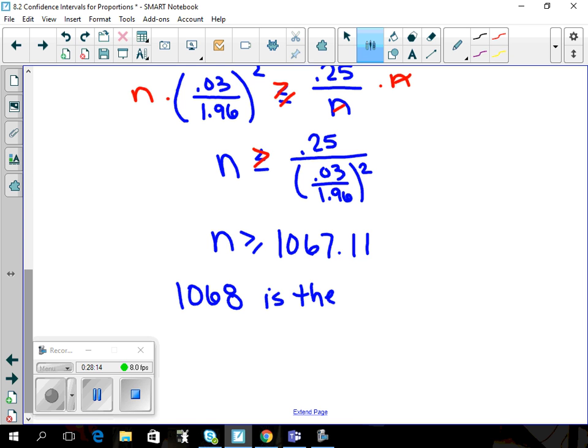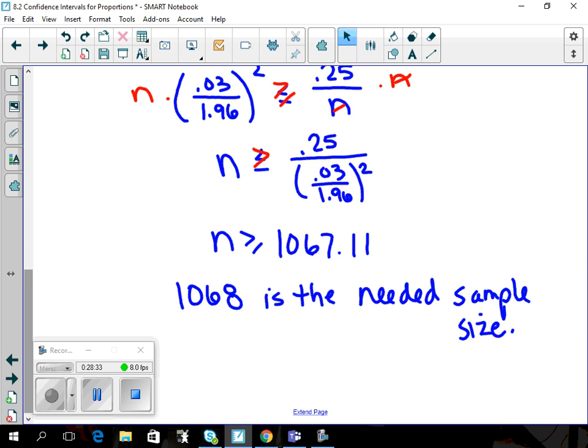So it's the smallest sample size needed to achieve that margin of error within 3%. Do you agree? So is the needed sample size. Is that okay? You okay why we had to round up?